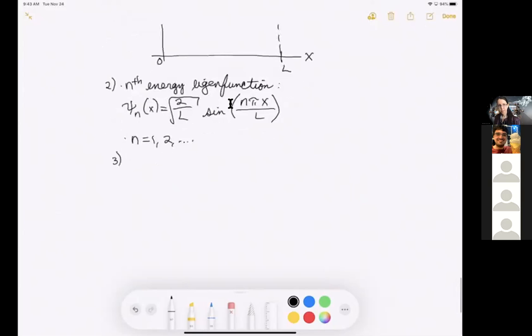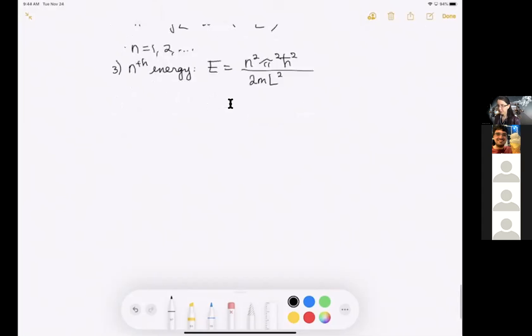The nth eigenenergy has this form. And so a general position space wave function has the form of a linear combination that evolves in time.